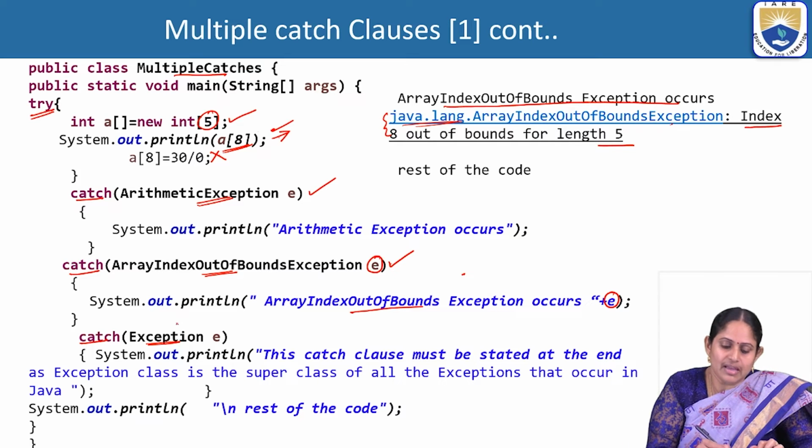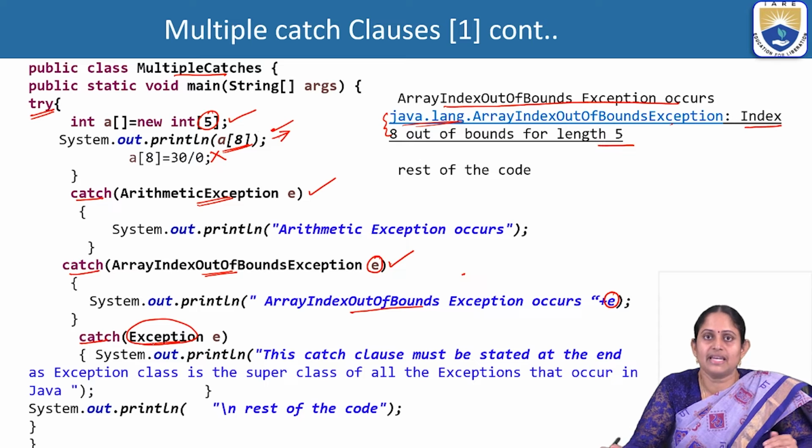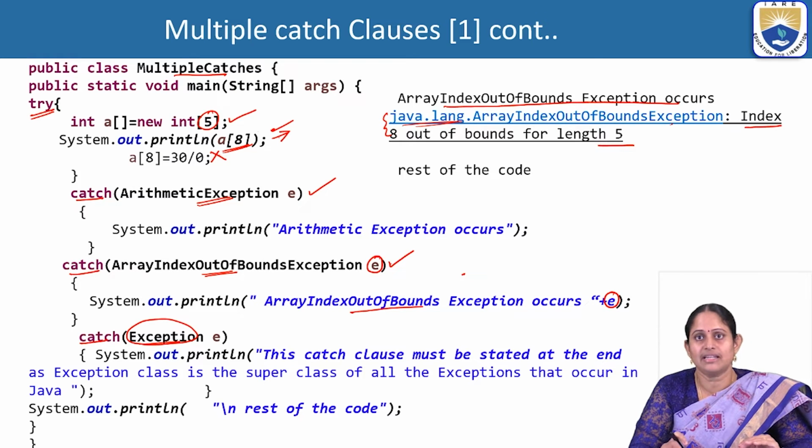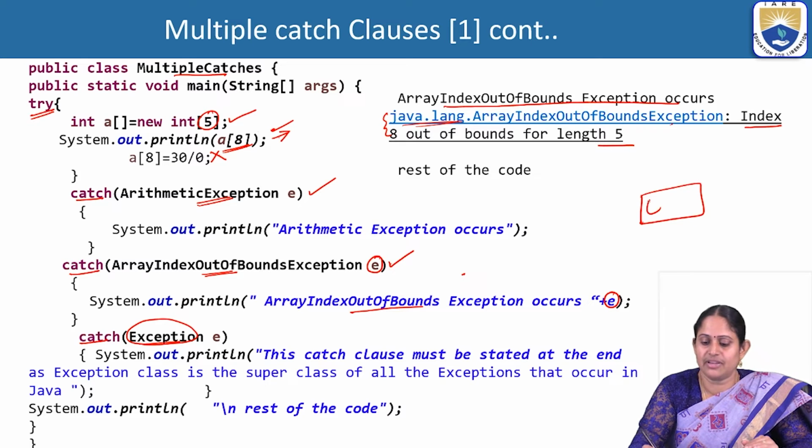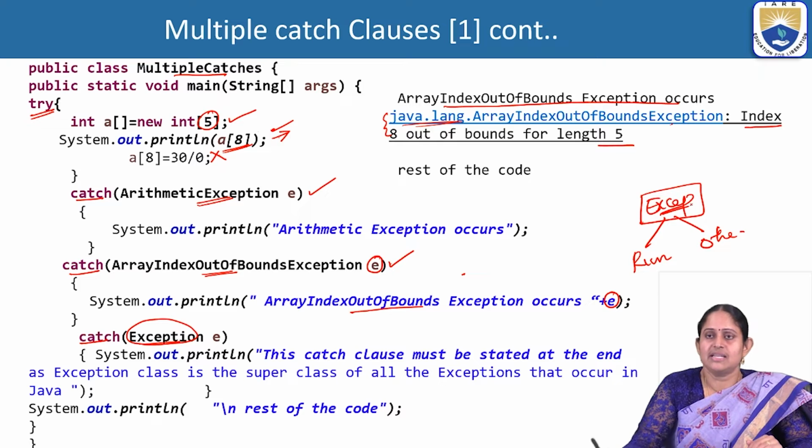Now, as we have seen, the Exception class is the parent class of all exceptions. From the Exception class we get the RuntimeException, and other exceptions also come under this subclass.